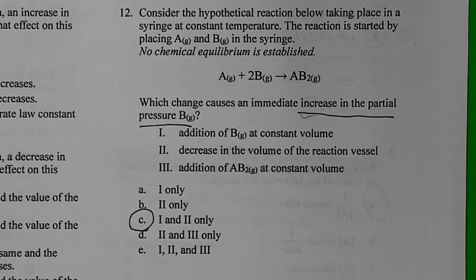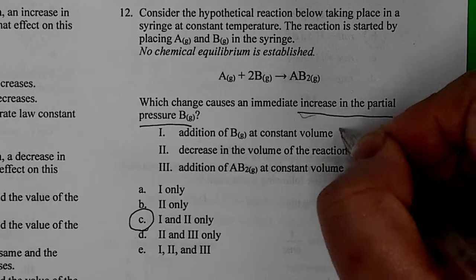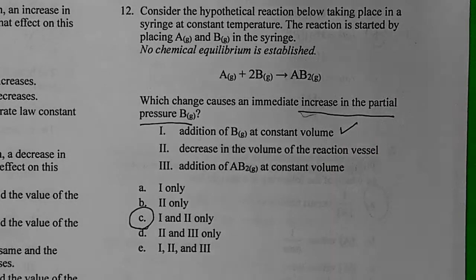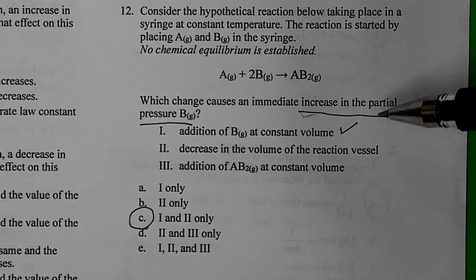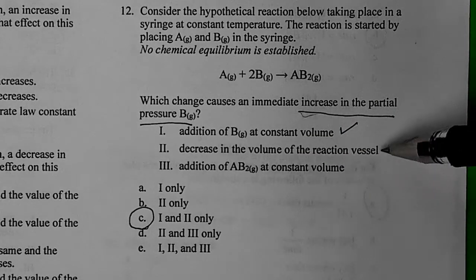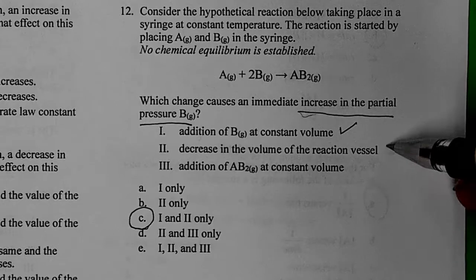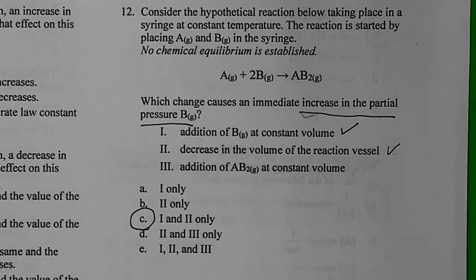Based off of this, adding B will definitely make more partial pressure of B, because you have more B. Now, option 2 said decreasing the volume of the vessel. That will also increase pressure, because less volume means more pressure. Make sense?